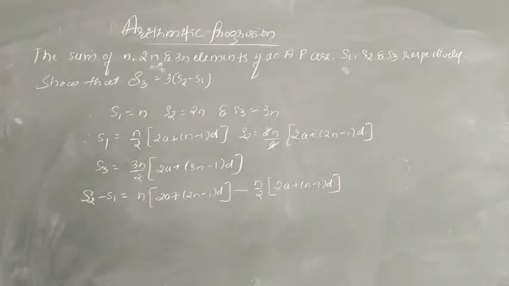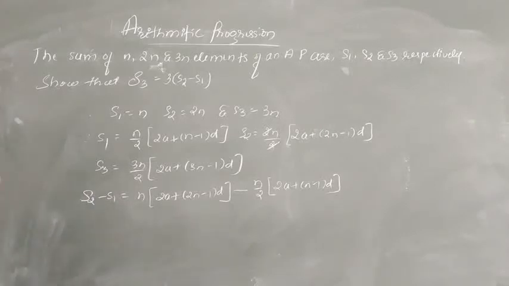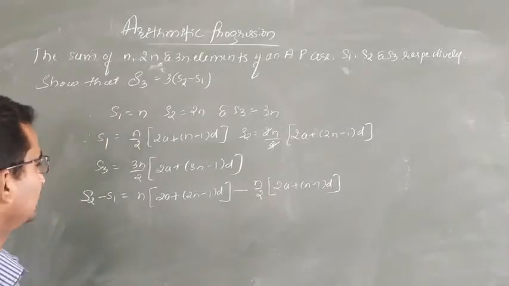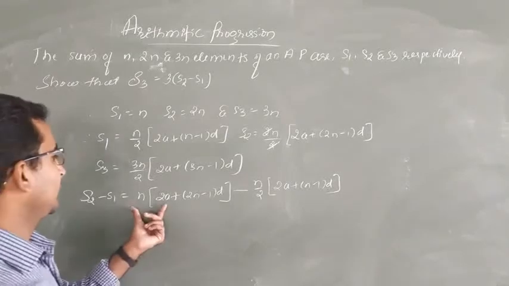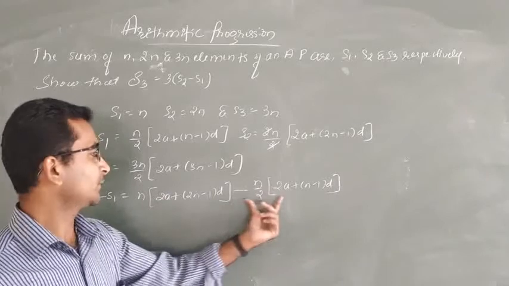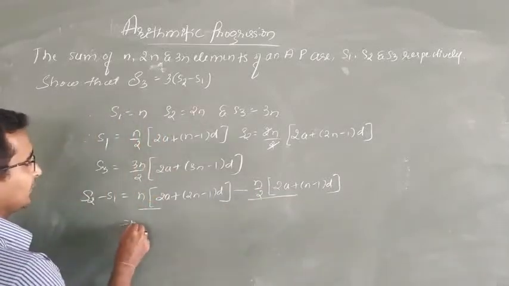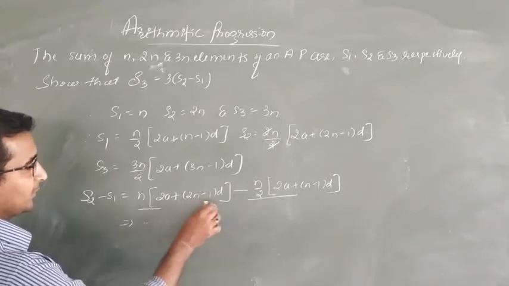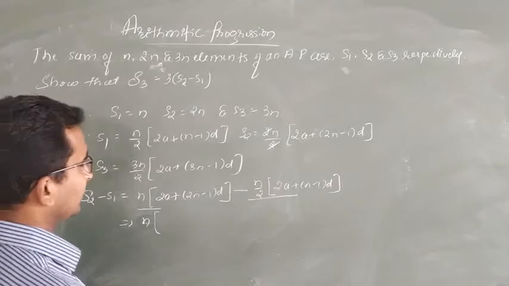Now I can multiply this n inside the bracket, and this n by 2 also inside the bracket. First of all, I will make the combination of these first two, that is 2a, where n is common.